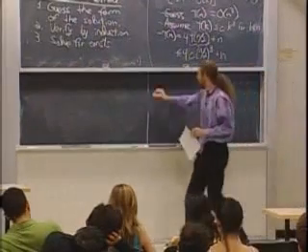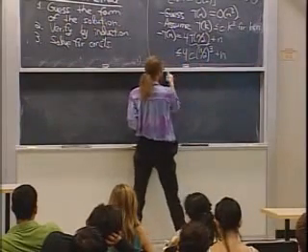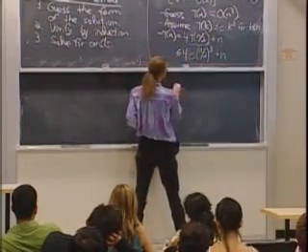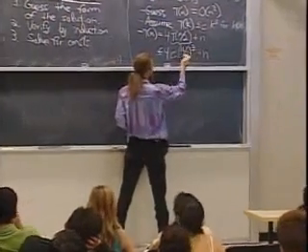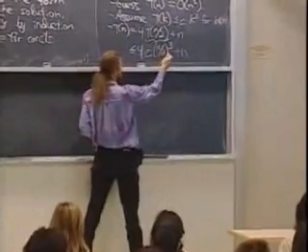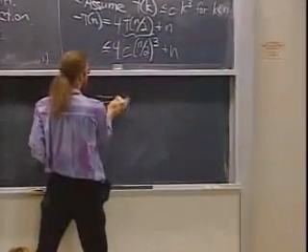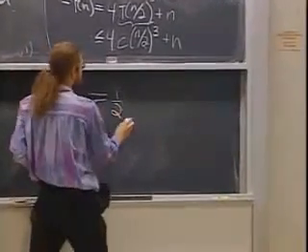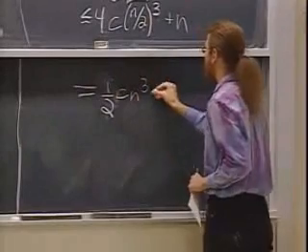Okay, so continuing on here, let's expand this a little bit. We have n cubed over 2 cubed. 2 cubed is 8, so 4 over 8 is a half. So we have a half times c times n cubed plus n.